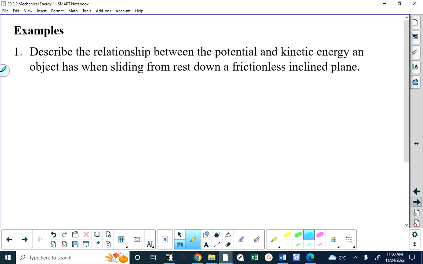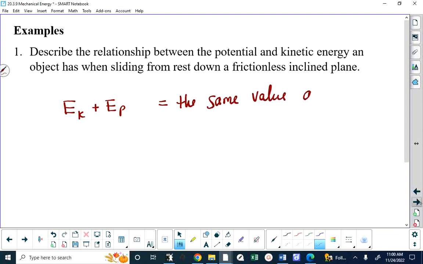Examples. What is the relationship between the potential and kinetic energy an object has when sliding from rest down a frictionless inclined plane? It's a pretty open-ended question. It's not really asking specifically for you to do something. But the drive of this question is that EK plus EP will equal the same value anywhere on the ramp.